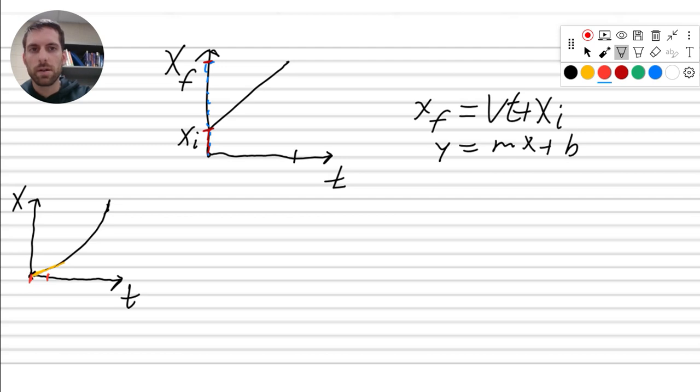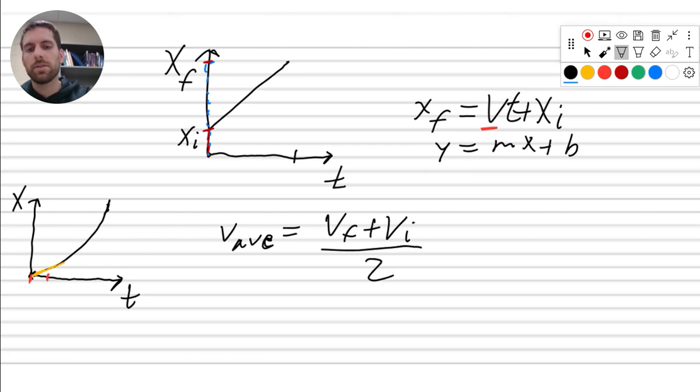So our velocity for this equation changes to an average, and we know the average velocity is just some final velocity plus some initial velocity divided by 2.